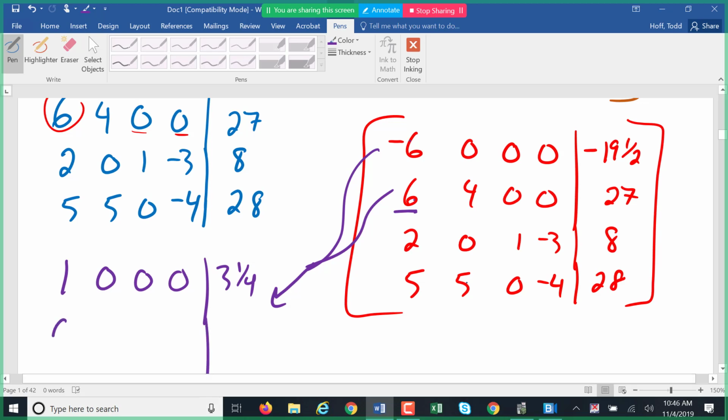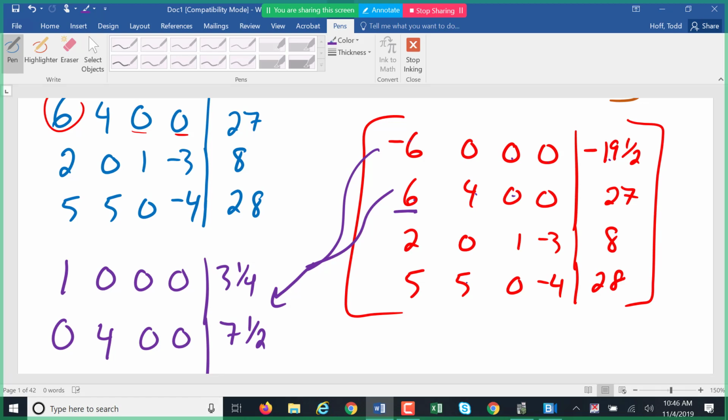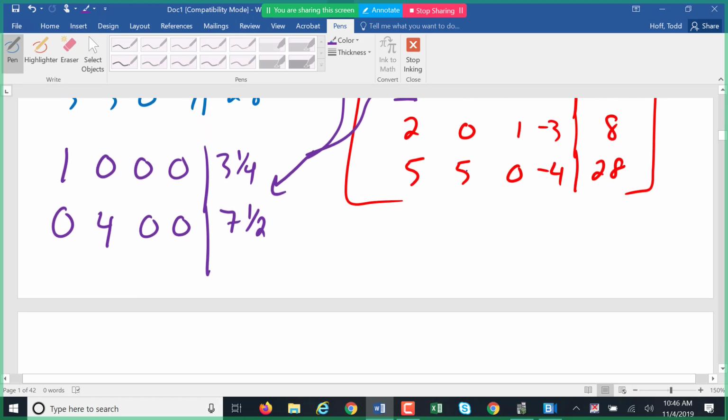Negative 6 and 6 make 0. 0 and 4 is 4. 0 and 0 is 0 for both of those. Negative 19 1/2 and 27 is a 7 1/2. Bottom 2 rows are going to stay the same. 2, 0, 1, negative 3, 8. 5, 5, 0, negative 4, 28.